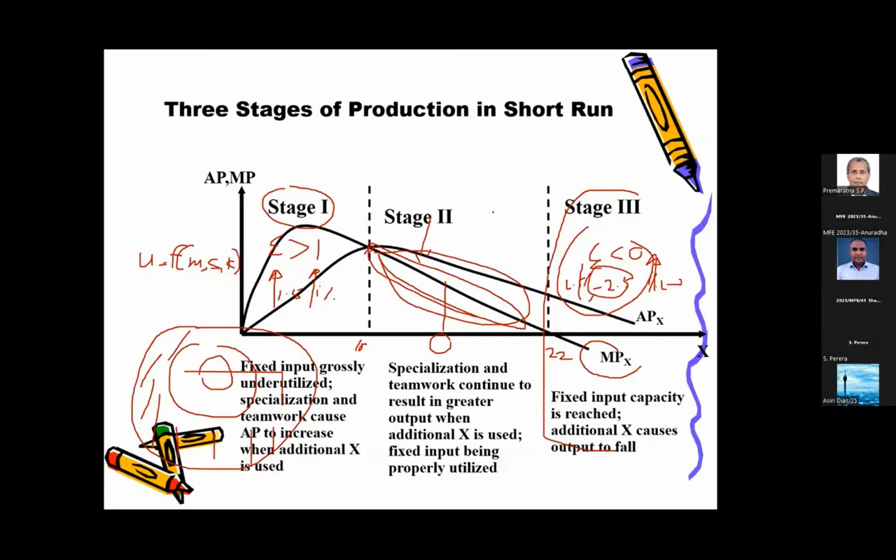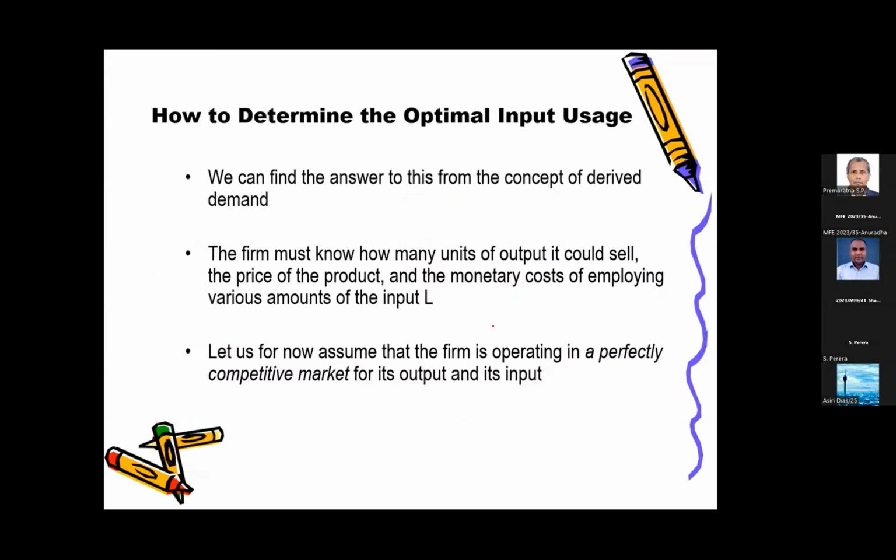Again, this is the point we discussed in the short run. In the short run, the decision is taken in the second stage. They apply the law of diminishing marginal returns, so not the third stage, not the first stage. Producers take decisions.